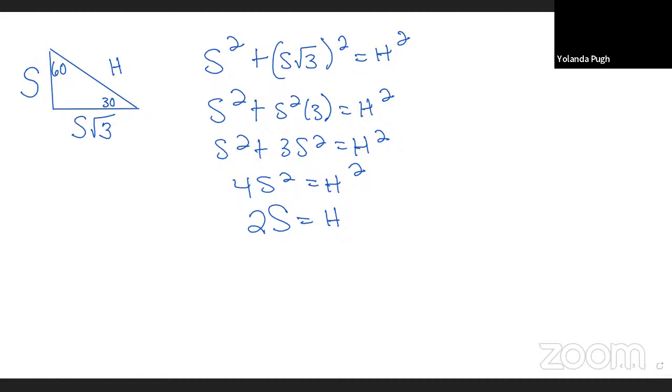Now we'll look at another example. In this case, our short side is 5. Our long side is L, and our hypotenuse is h, and that is equal to 10 actually.